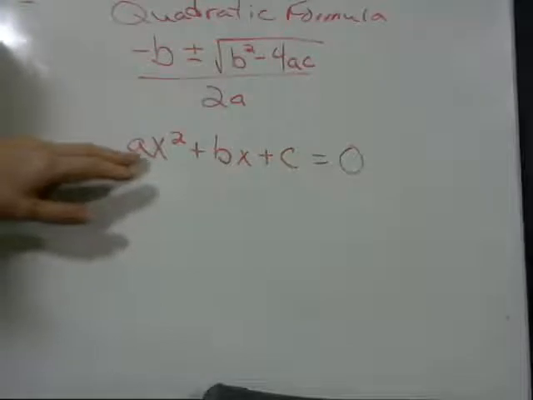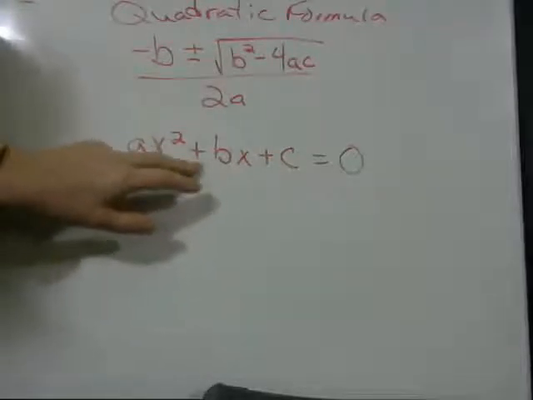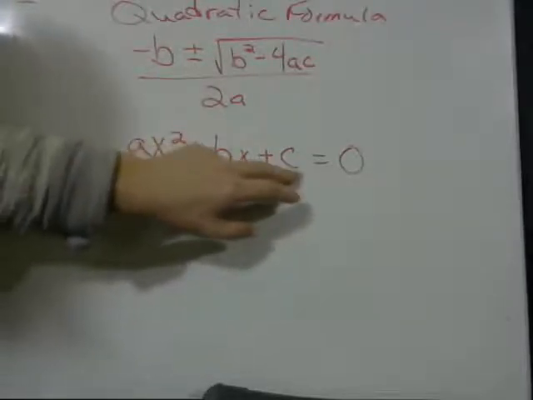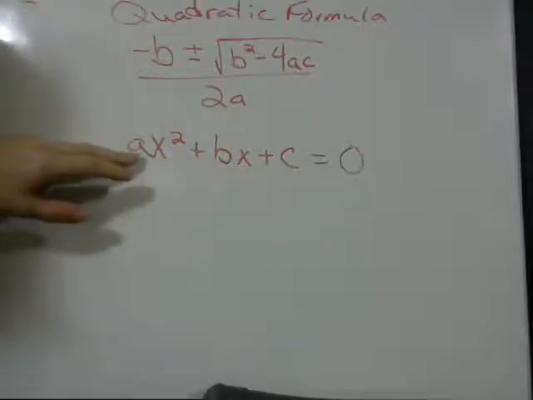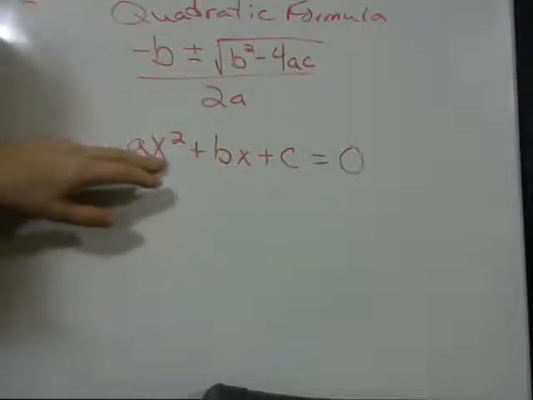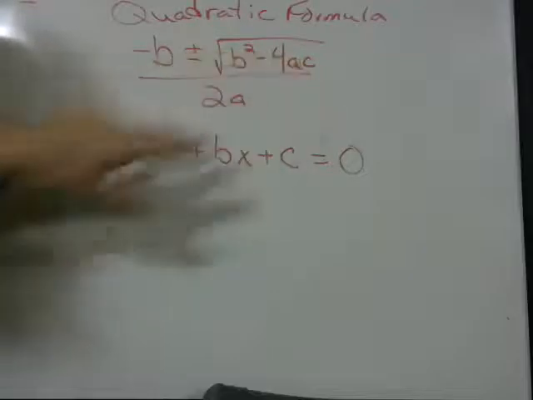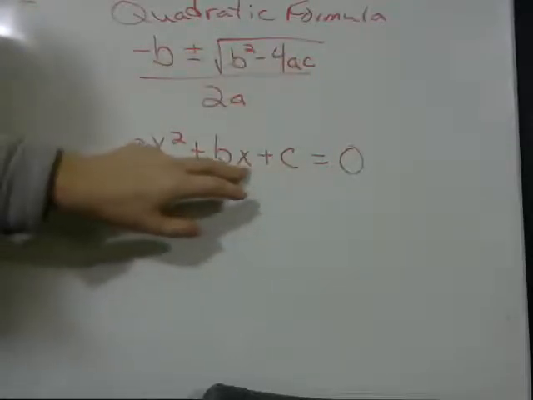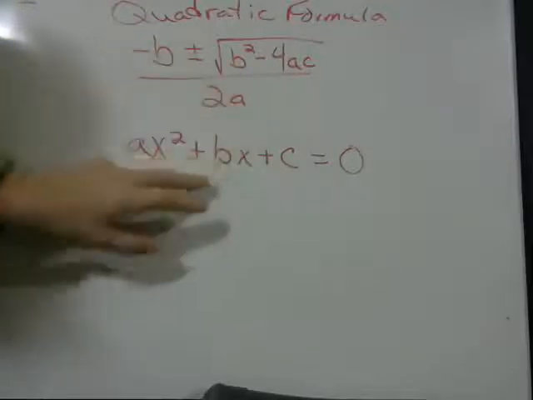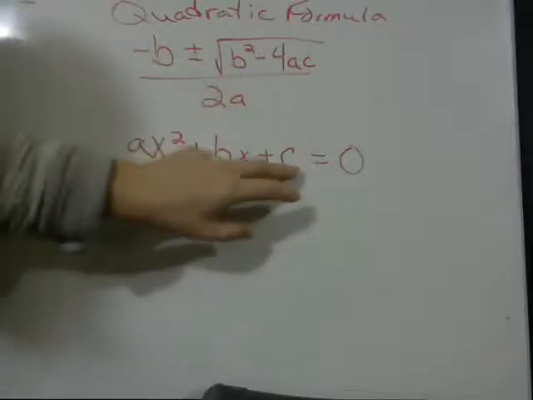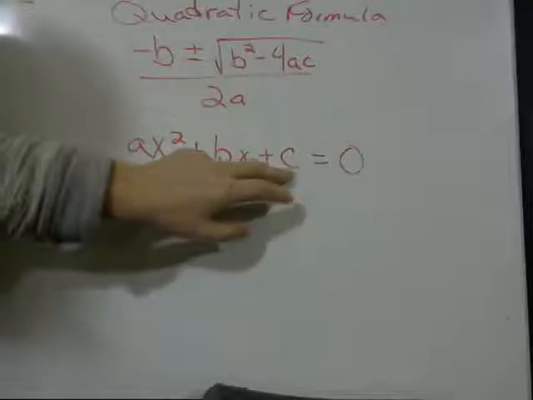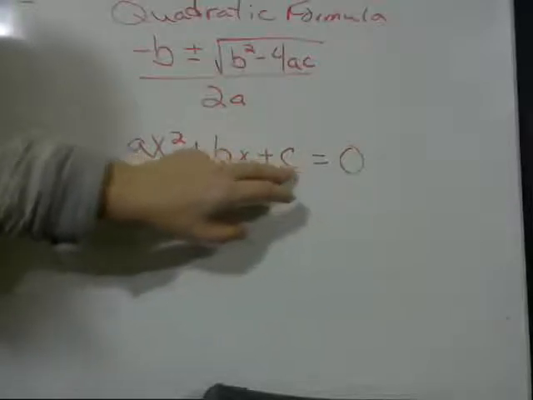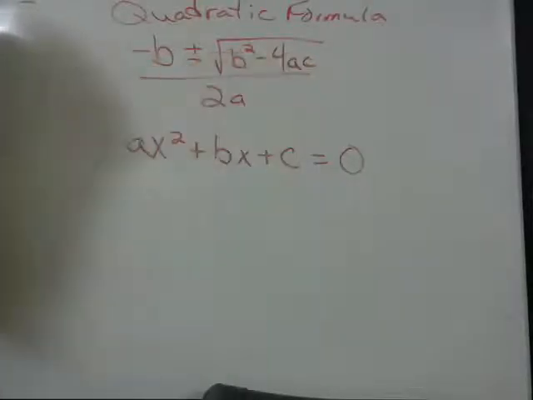There's going to be a number times x squared plus a number times x plus a number. So a is always the number in front of the x squared. B is whatever number's in front of the x. So this b and that b come from this number. And c is just a number, with no x or anything beside it. And that's what goes in there.